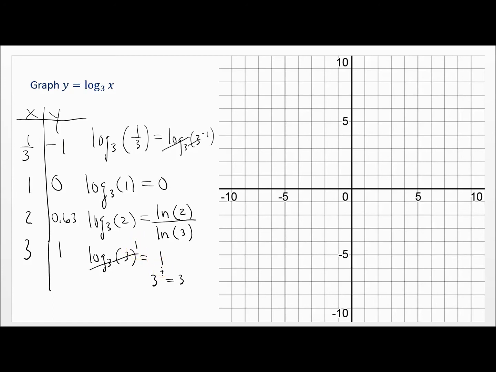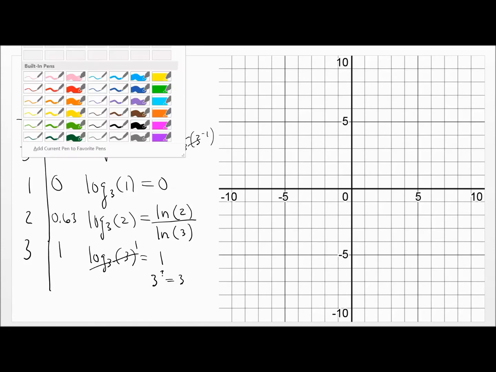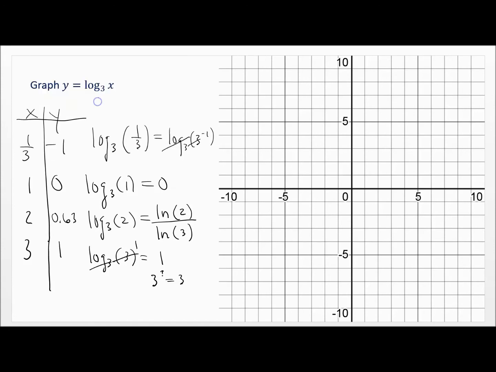So when I plot these, 1/3, let's plot in some cool color, like purple. I plug in 1/3 as my x value, so 1/3 is way over here and I get negative 1 as an answer. I plug in 1, I get 0. I plug in 2, I get 0.63. I plug in 3, and I get 1.